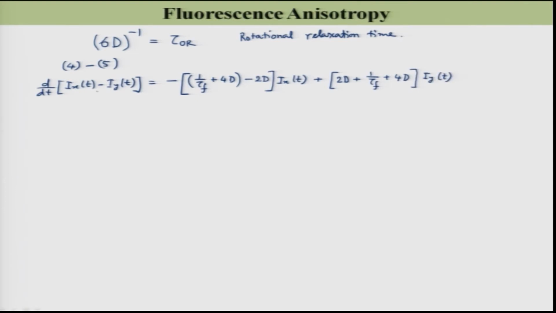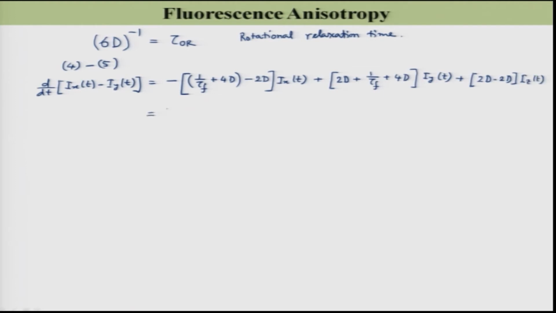Because here, you see, I am taking this minus sign, okay. And I will have this z term also, but they will cancel, you see, the 2D minus 2D, no. I_z.